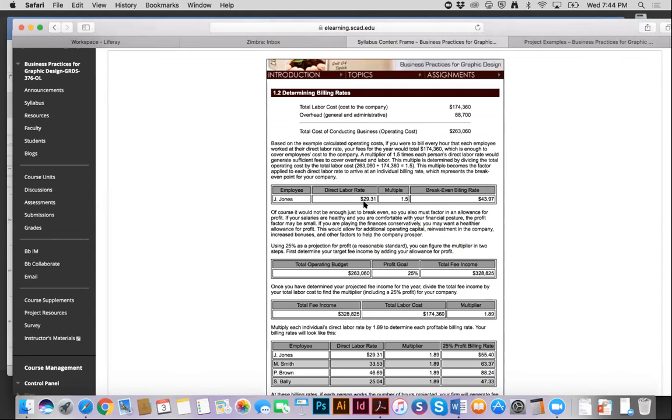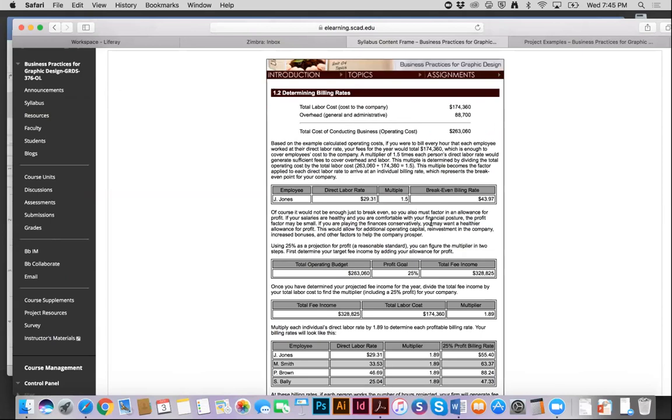It tells you, if you multiply their direct labor rate times 1.5, that would give you the 43.97. And you got the 1.5 up here because you divided the total labor cost by their overhead, essentially, from their total labor cost minus their cost of the company.